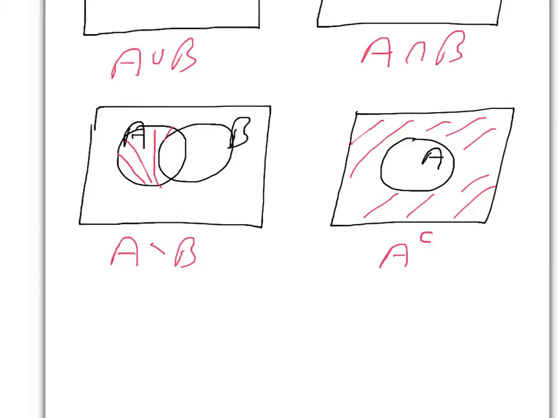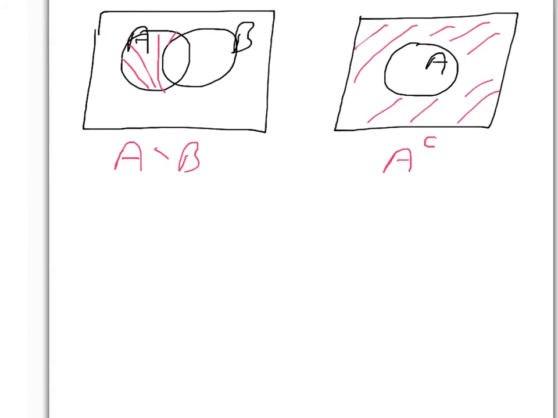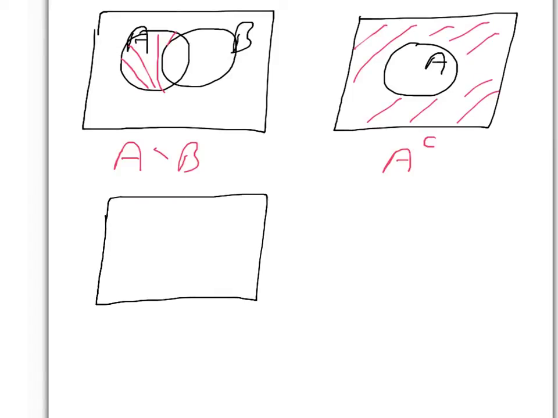And now we can also illustrate the idea of two sets being disjoint. Disjoint sets look like this. They have an empty intersection, so that would illustrate two sets being disjoint, A and B disjoint.